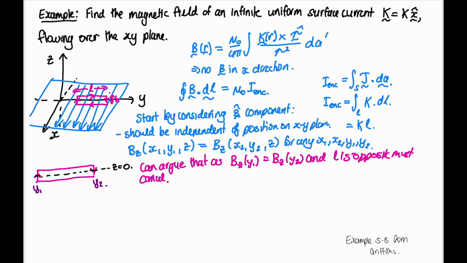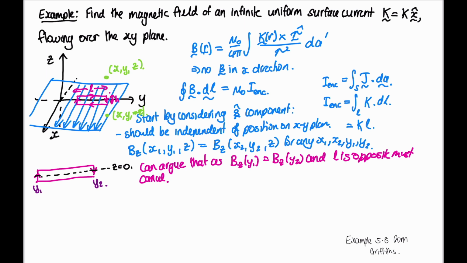Another argument is if we consider a point above, so let's consider a point there. So let's let this be at x, y, and z. And then we're going to consider another point down here at x, y, and minus z. Now, considering these two points and considering our Biot-Savart law, because the r vector points from where the current is, so let's consider the little increment right below this point.